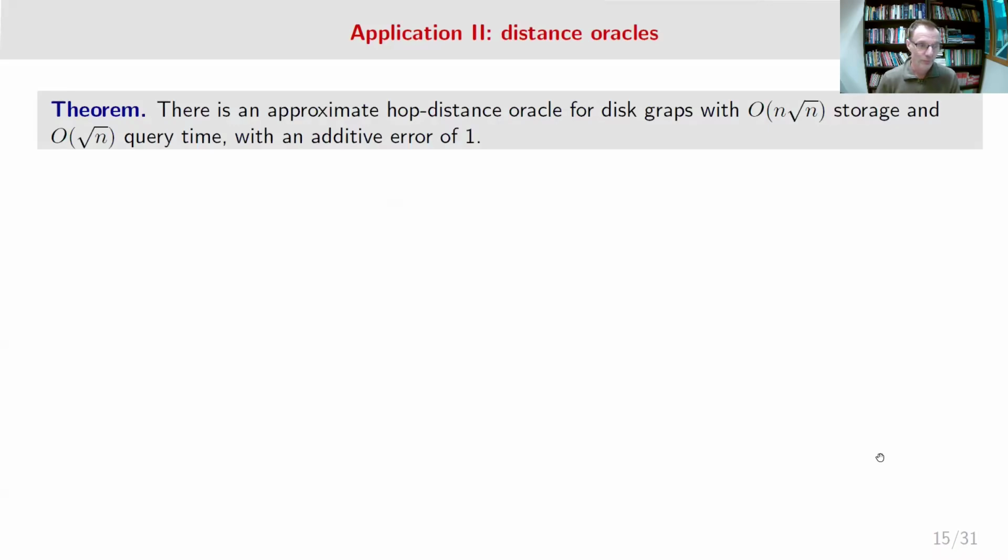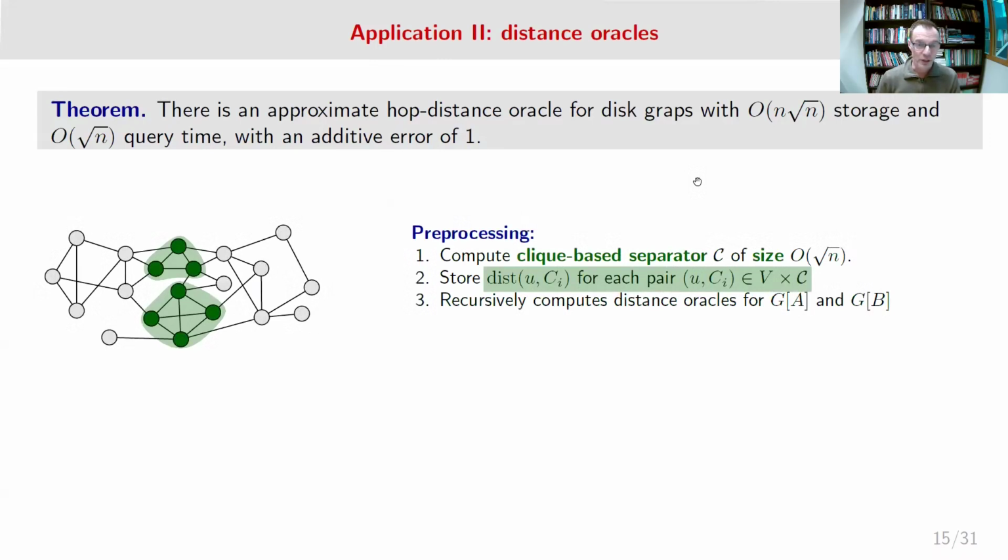Distance oracles. So again, we do exactly the same thing as before. So if I want to have a distance oracle for disk graphs, then I compute a clique-based separator. But now, I used to pre-compute for each node the distance to any of the nodes in my separator, and that was okay since the separator only had square root of n nodes.